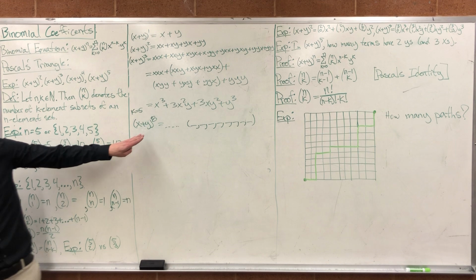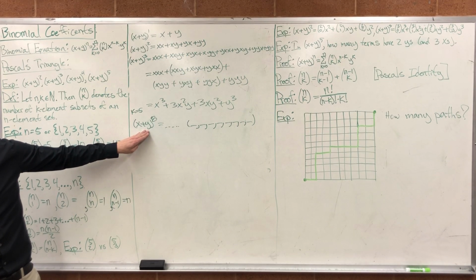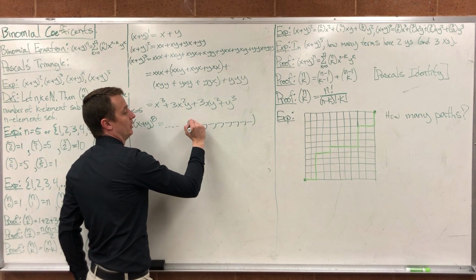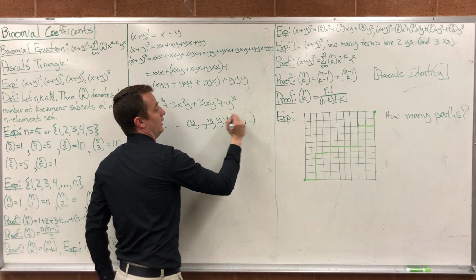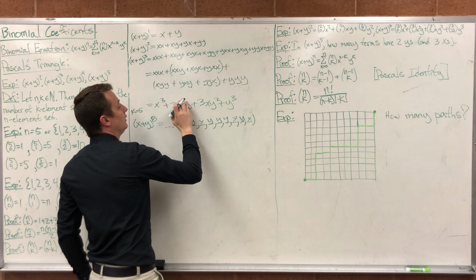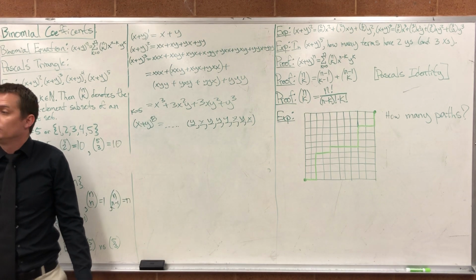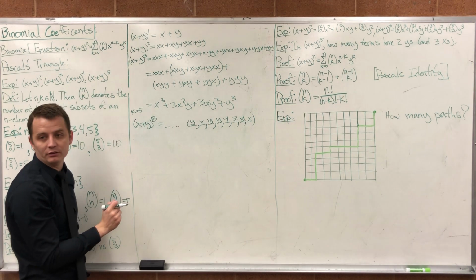So if it has 5 y's in it, 5 y's showing up in here somewhere, we don't know where they show up. Each selection of 5 y's corresponds to, what subset does that correspond to?